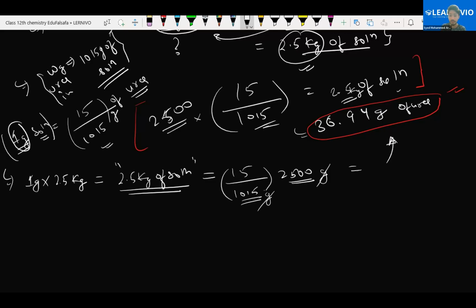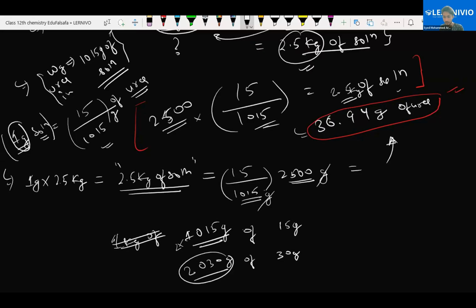And you can also recheck your answer. So this is 36.94 grams of urea. This is a logical answer. If in 1 kg I have 15 grams, then if I multiply this by 2, it comes to 30 grams.